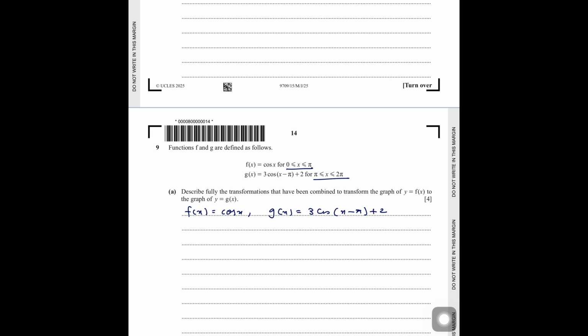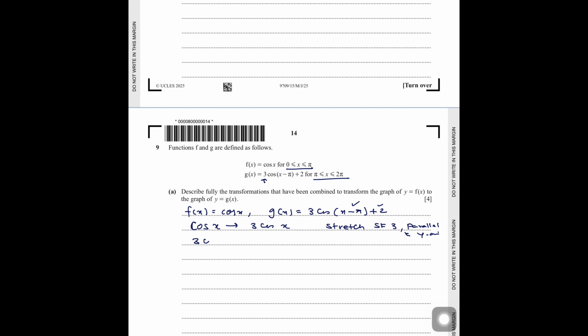So what do I do? Okay, I'm trying. First, this is a stretch. So I'm trying cos x to become 3 cos x. So this is a stretch with scale factor 3, and this is a vertical stretch. I can write a vertical stretch, parallel to the y-axis, right? Then there is a translation.